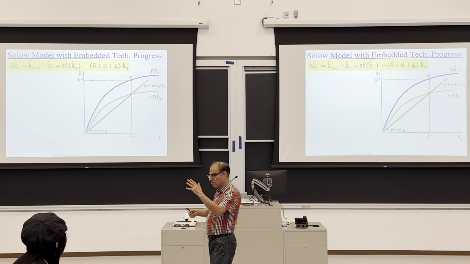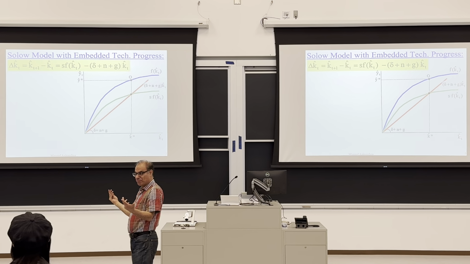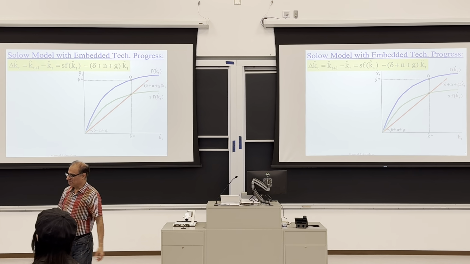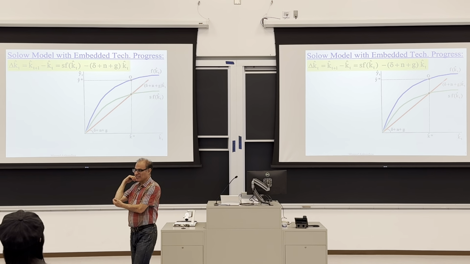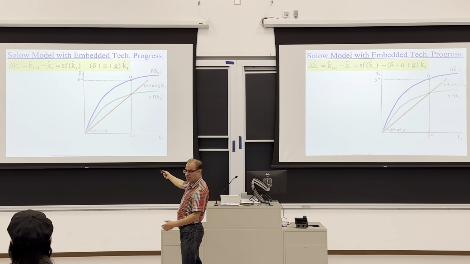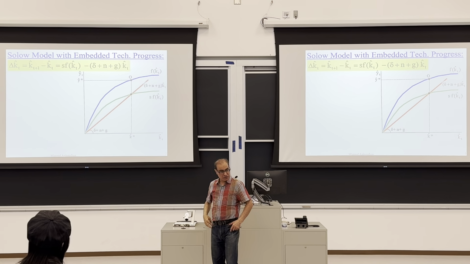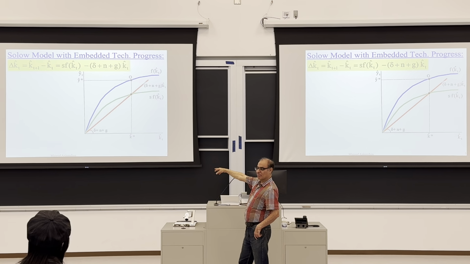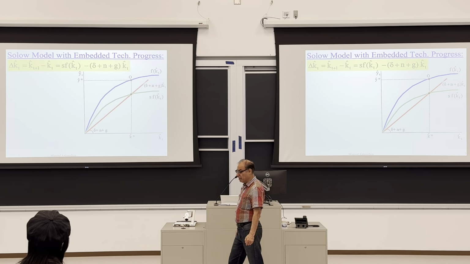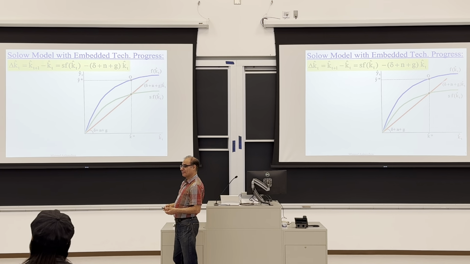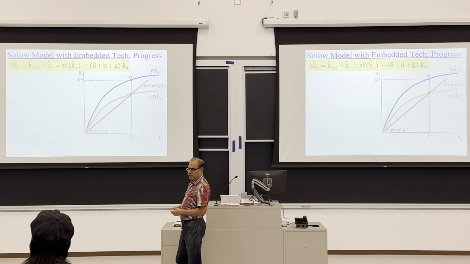Remember, continuous shift messes up our graphs. Okay, we don't want that. So Mr. Solow came up with this, having continuous technological progress without having a shift. But again, it's okay. As you will see, you have to be careful how to interpret that.